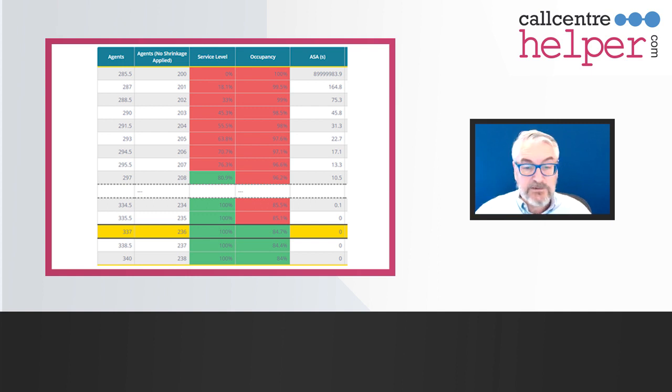That's before you apply shrinkage to actually meet that service level. And if you apply something like 35% shrinkage, you'll need 337 people on the phones or in the contact center. So be very careful of picking the first number that comes out of an Erlang calculator.